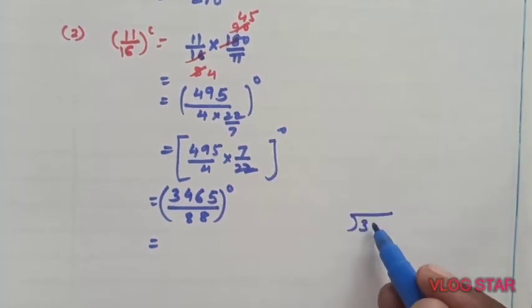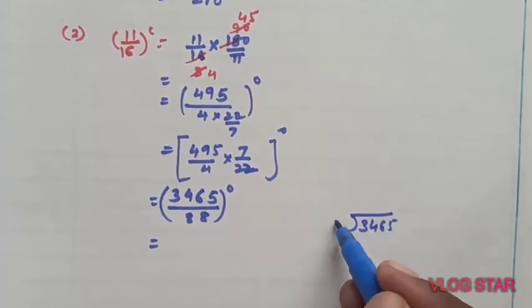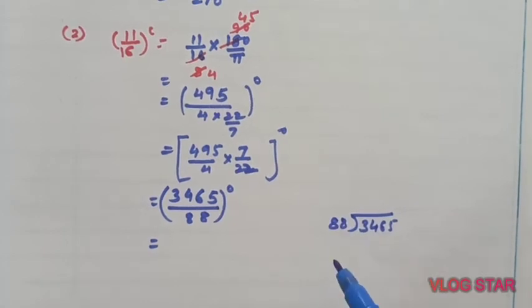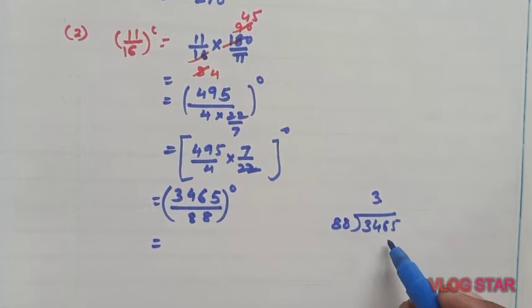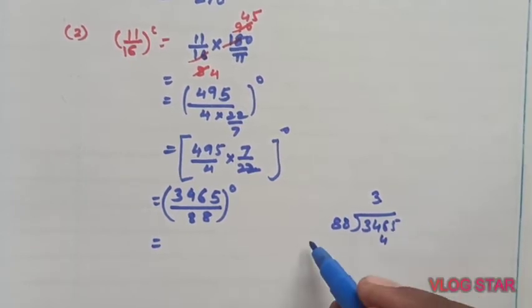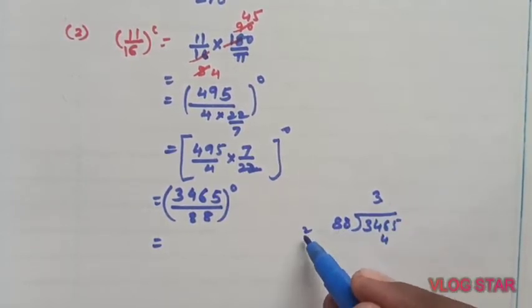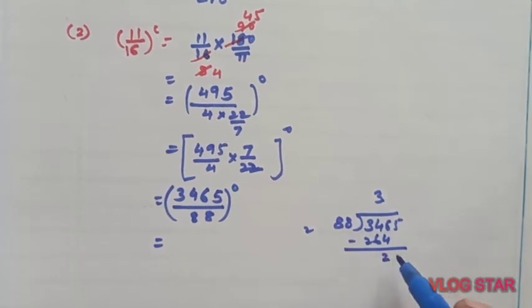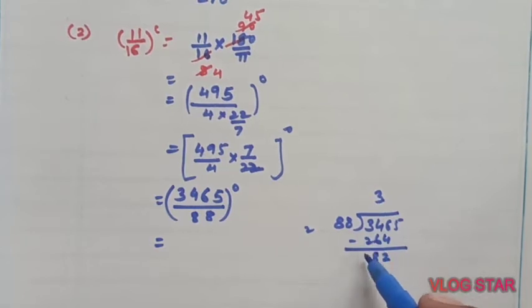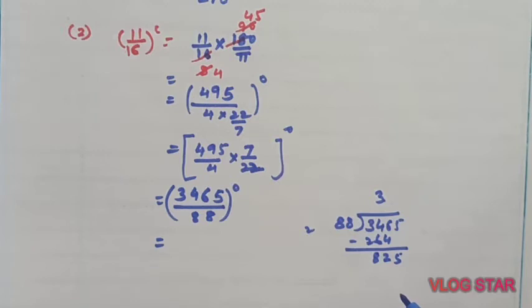What is that? 3465 divided by 88. So 88 how many times? 88 3 times. So 3 8s are 24, 26. So this subtraction is 2. This is 8 and 0. So 825.